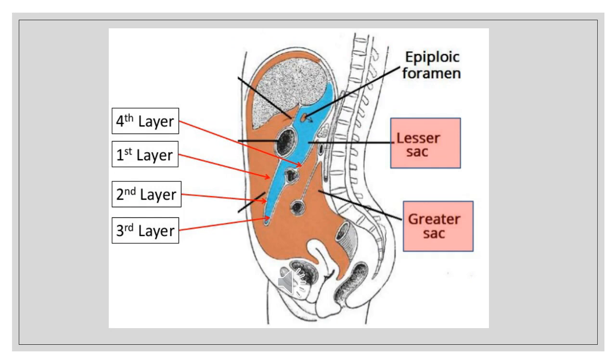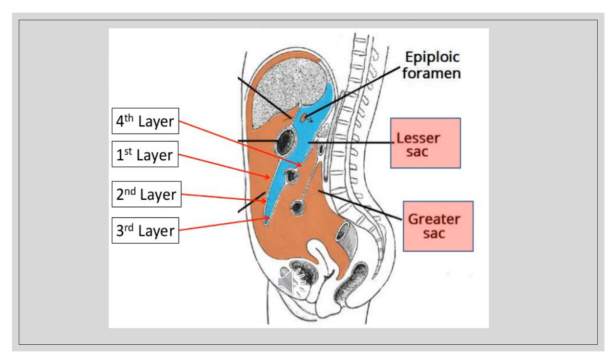The greater omentum is a 4-layer fold. The anterior 2 layers descend from the greater curvature of the stomach to a variable extent. They fold upon themselves and form the posterior 2 layers, which ascend to the anterior surface of the head and the anterior border of the body of the pancreas. The folding is such that the first layer becomes the 4th layer and the second layer becomes the 3rd layer.